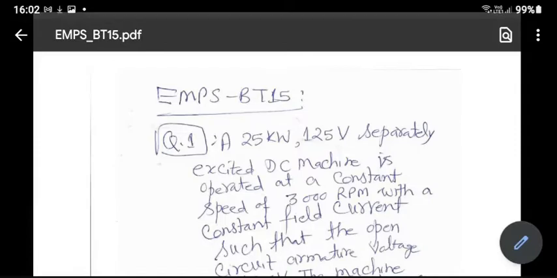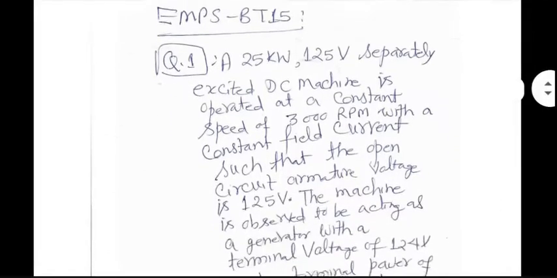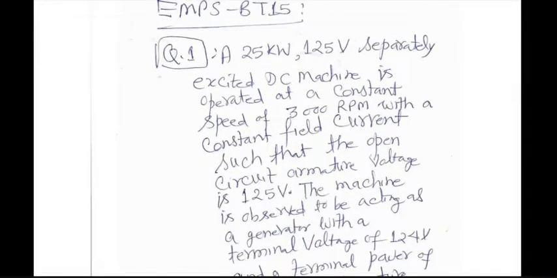This particular problem says a 25 kilowatt, 125 volt separately excited DC machine is operated at a constant speed of 3000 revolutions per minute with a constant field current such that the open circuit armature voltage is 125 volt.